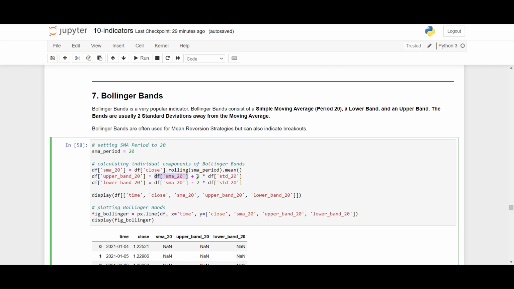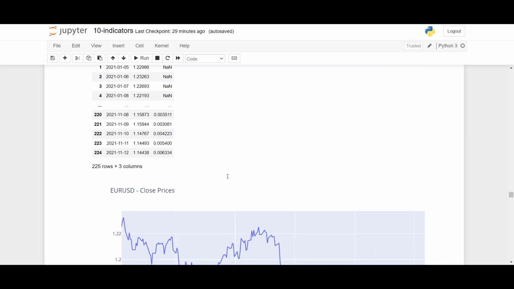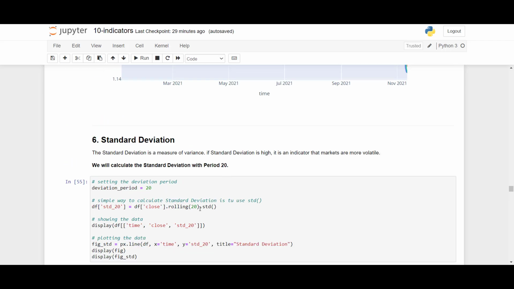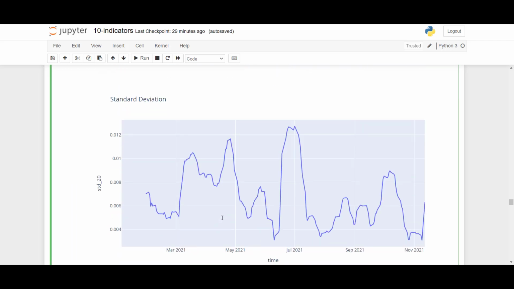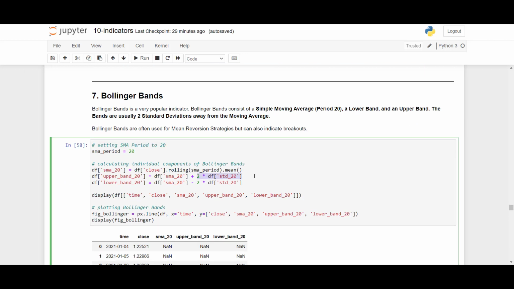So we do plus 2 times the standard deviation. The standard deviation was calculated in the previous example by using STD. So all we have to do is multiply it by 2, and now we have 2 standard deviations above the SMA. And for the lower band, we just have to subtract 2 standard deviations, and then we get the lower band.